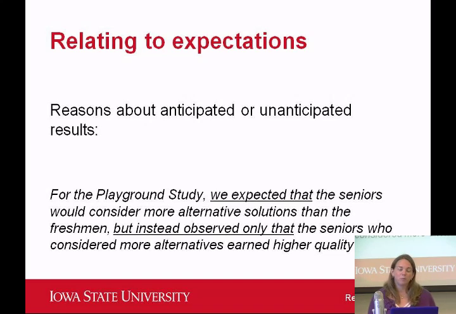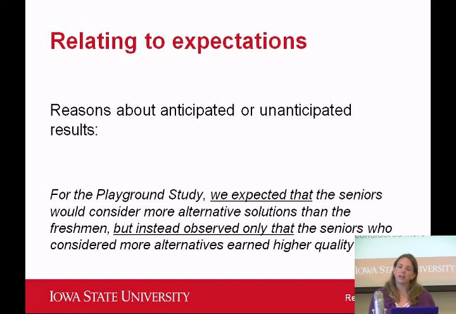And this step gets used to either point out expected results, when the expectation and the results are the same, or unexpected results, when these two things are dramatically different. And it also allows the authors to express their attitudes about their findings, whether they find their results to be particularly surprising, interesting, unsurprising, etc.